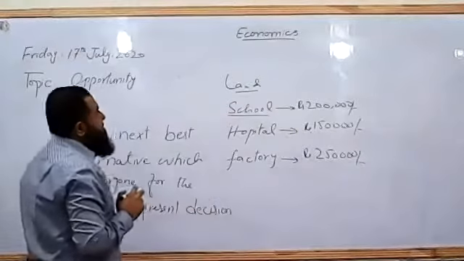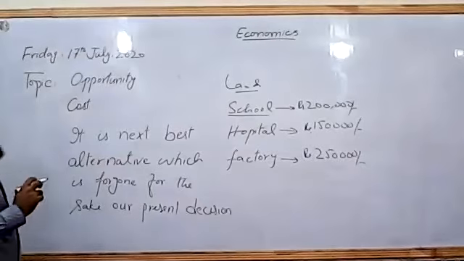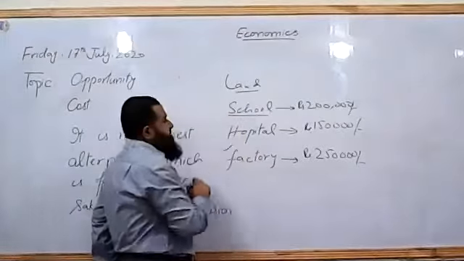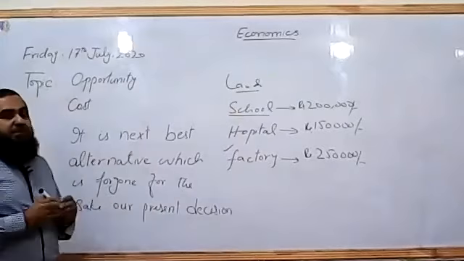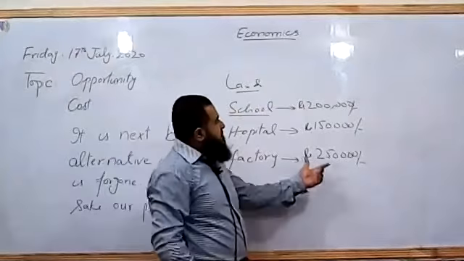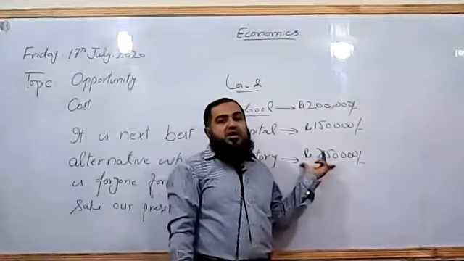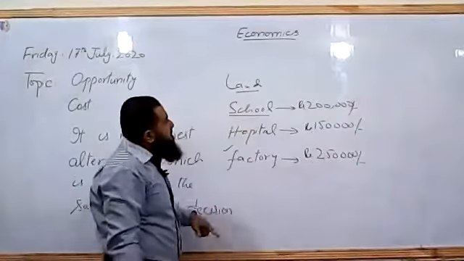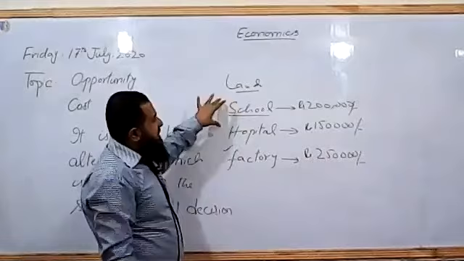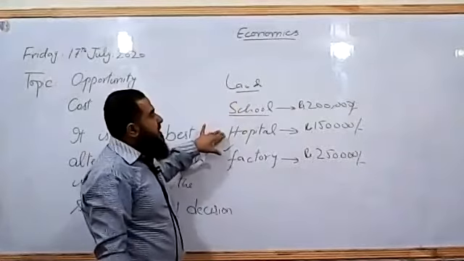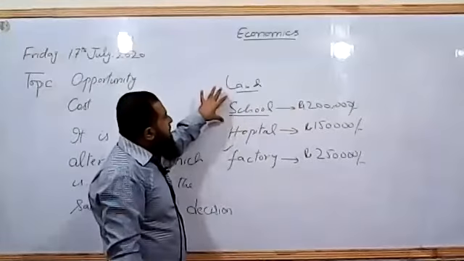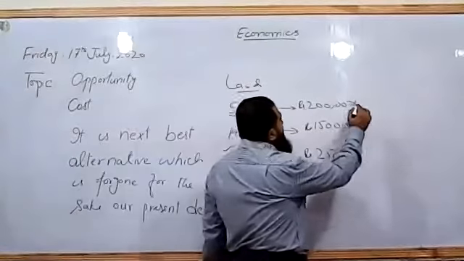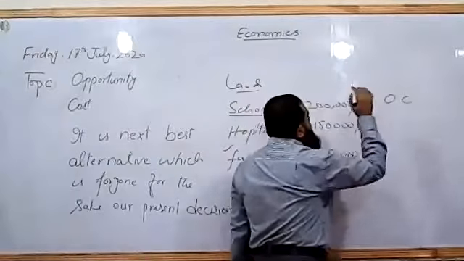So what will be the decision of the landowner? He will give this building to the factory, because it gives him the maximum rent of 250,000. What will be the opportunity cost of this piece of land if it is taken by the factory? We have two other alternatives: the hospital is going to give 150,000, whereas the school is going to give 200,000. The next best alternative is the opportunity cost.